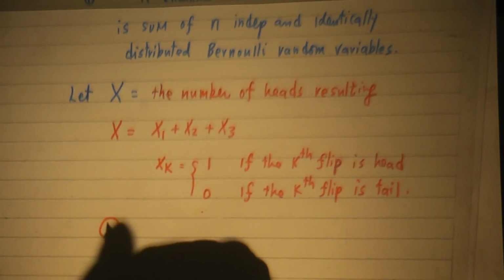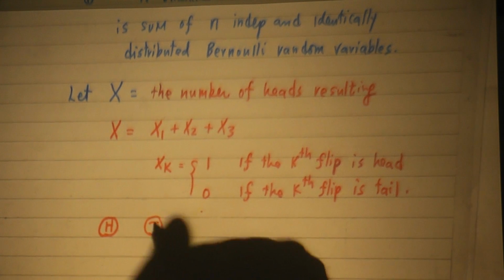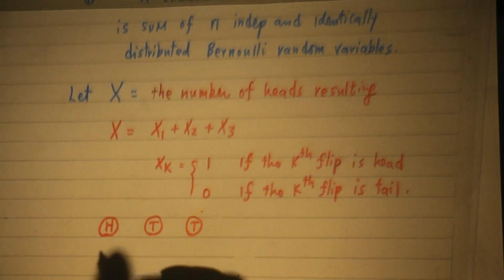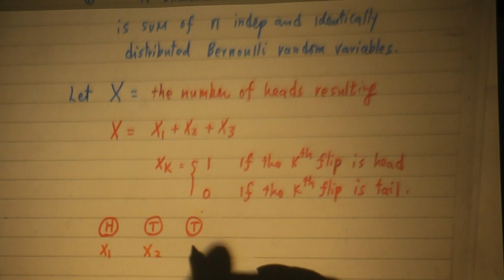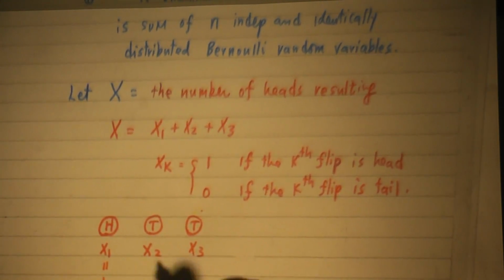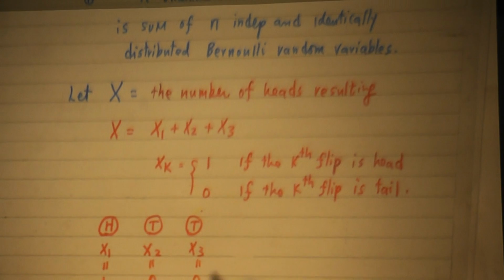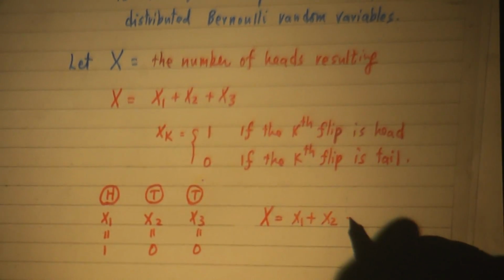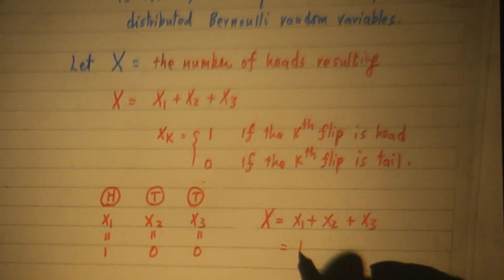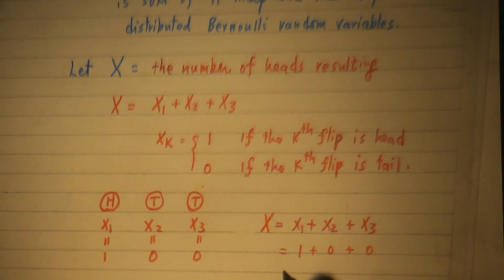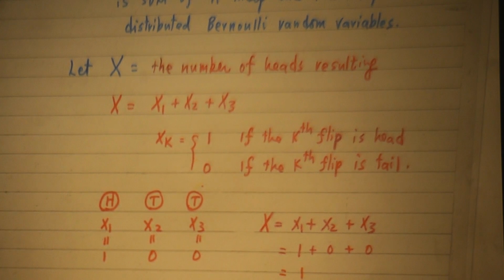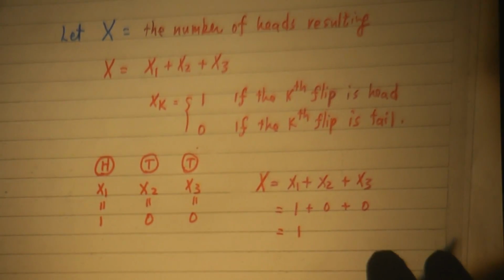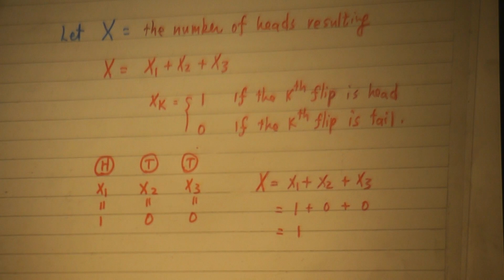So when I flip the coin 3 times, if I see head, tail, tail, then x1 is 1, x2 is 0, x3 is 0. So what is x? X is x1 plus x2 plus x3. So that is 1 plus 0 plus 0. You flip the coin 3 times, you find only what? Only one head.